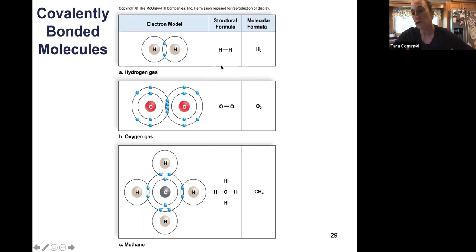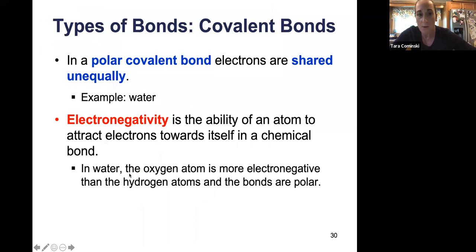Even if you just look at the structural formula, that shows it: the bond between those hydrogens, essentially those electrons are shared equally, and so the molecule is non-polar. It's sort of symmetrical. Now if we talk about a polar covalent bond, those electrons are not shared equally.